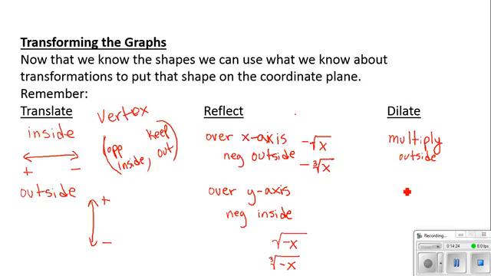So all this is going to do is it's going to change our up number. So instead of me going up 1 and over 1, I might go up 2 and over 1. Or instead of going up 2 and over 8, I might go up 4 and over 8. Notice it does not change the over number. It just changes the up or down number. Multiplying outside, we can dilate.